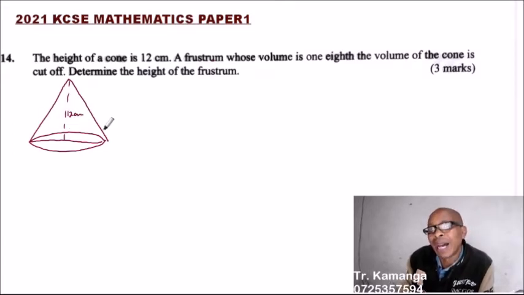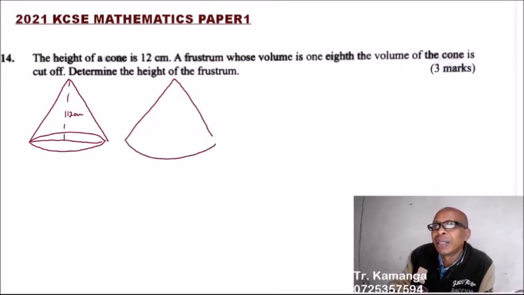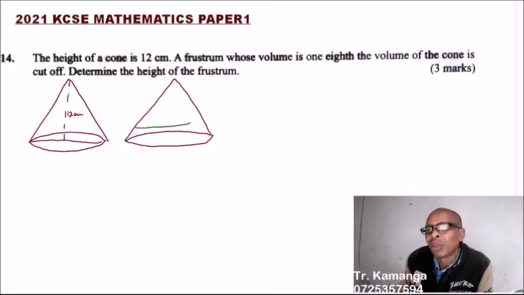A cone was cut off so that we are left with a frustrum. So let's say this is the same cone, and this is 12, but now it has been cut off. This is the volume of this frustrum here.